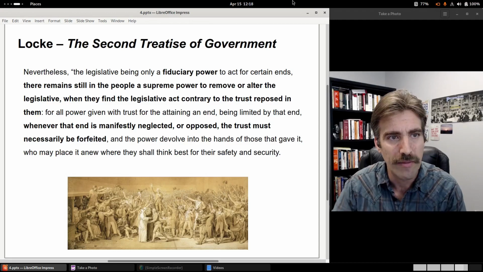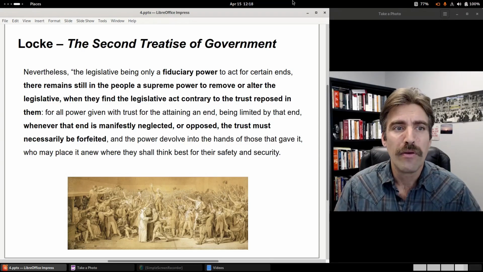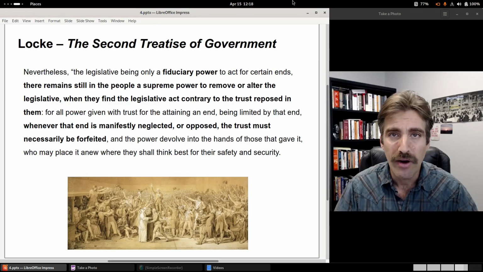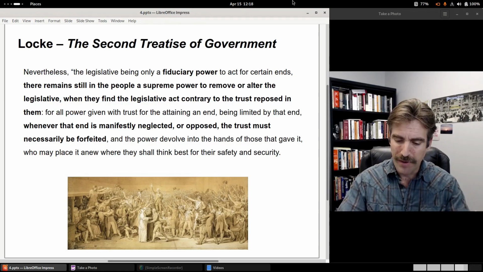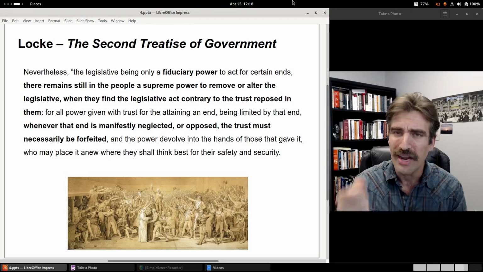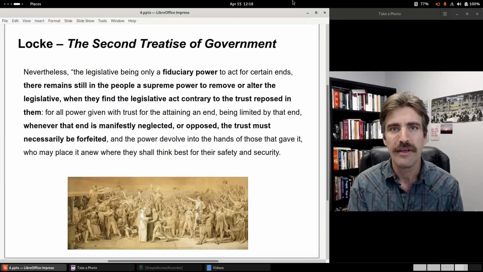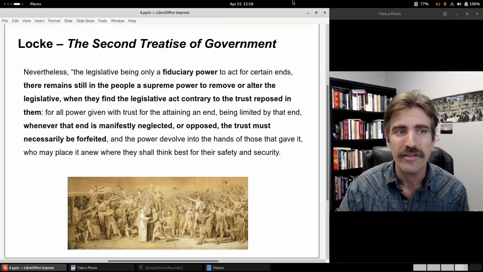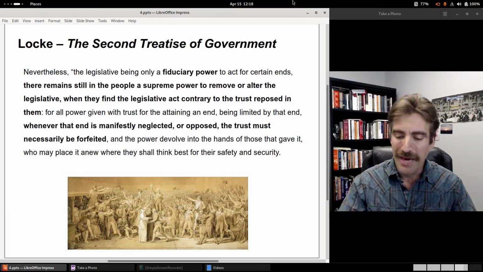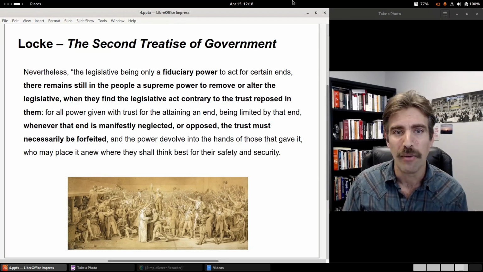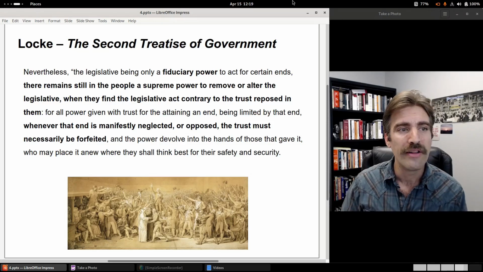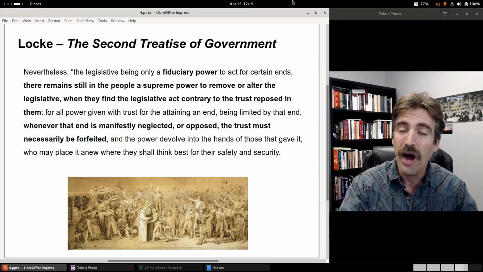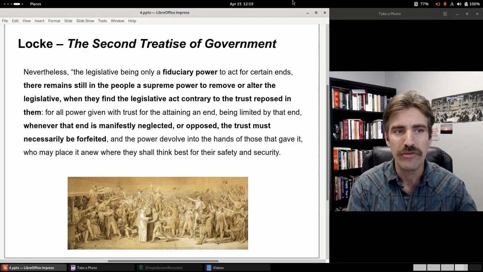Look what Locke says here. Quote, "The legislative being only a fiduciary power to act for certain ends, there remains still in the people a supreme power to remove or alter the legislative when they find the legislative act contrary to the trust reposed in them.